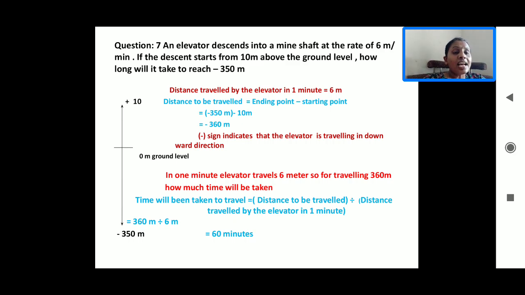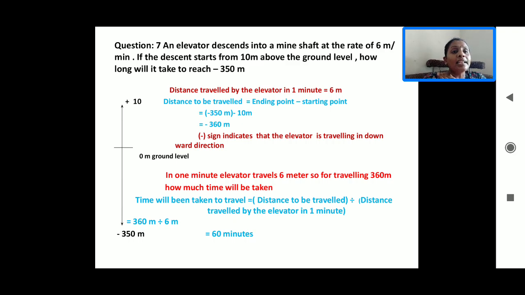So where is our elevator? It is 10 meters above the ground level. Now we want to reach minus 350 meters. It means we want to reach 350 meters below the ground level.